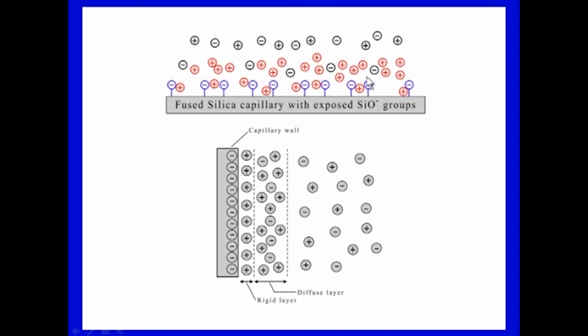There is a Stern layer shown here, with cations compensating for the negative charge on the capillary wall, and there is a diffuse layer here, and as the voltage is applied, everything moves towards the cathode. That is the phenomenon called electroosmotic flow.